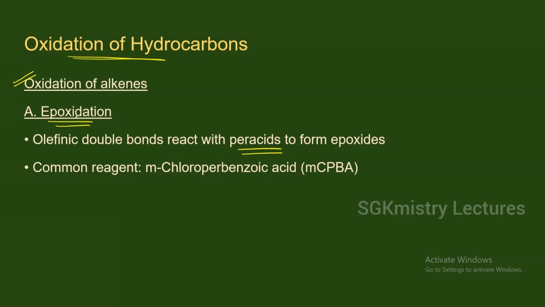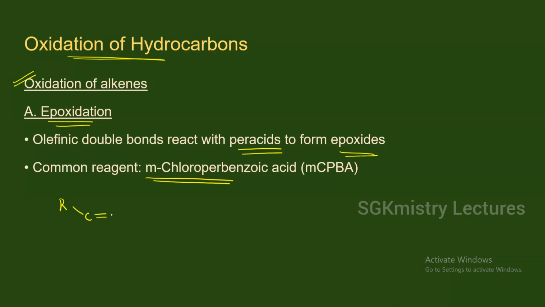These double bonds react in the presence of peracids and form epoxides. So metachloroperbenzoic acid is the most useful reagent for effecting this alkene epoxidation oxidation, right? So let us see the general reaction.